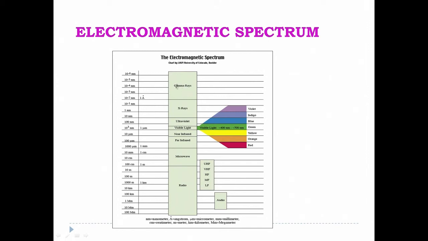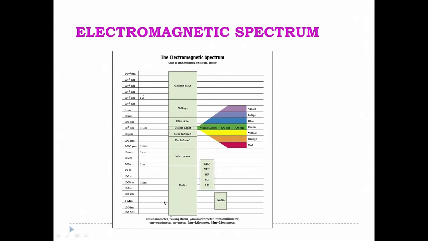These are the rays as they are commonly known: radiation up to 1 angstrom is known as gamma rays, up to 10 angstrom is known as X rays, up to 100 nanometer is ultraviolet, and then visible, near infrared, far infrared, microwave and radio waves at the bottom here.